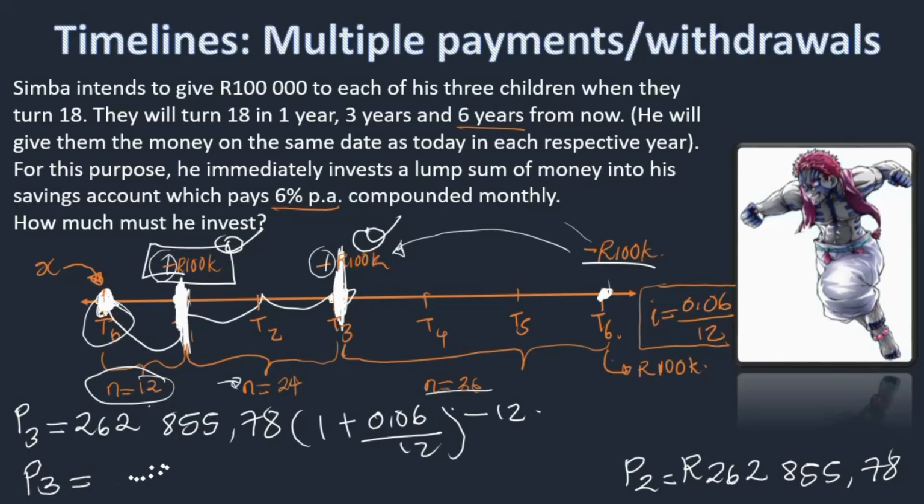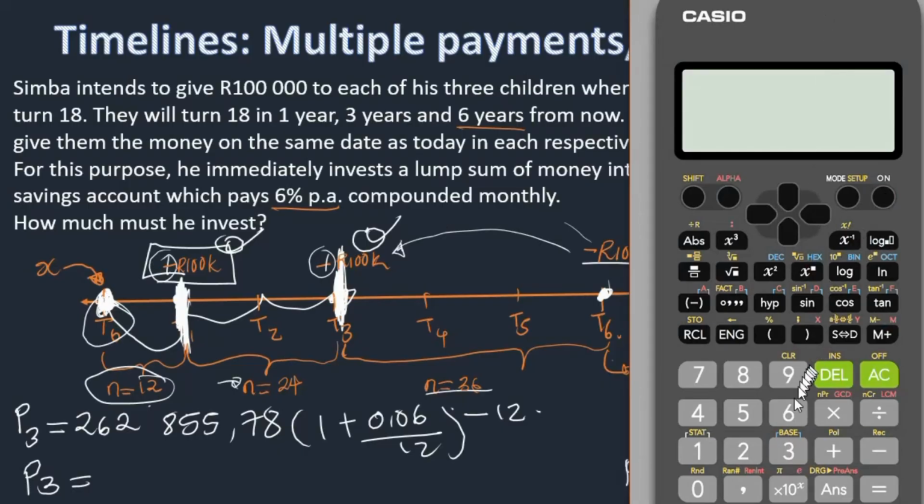So here I have 262,855.78 with an open bracket of 1 plus 0.06 over 12, close bracket, raised to negative 12, because our n is 12. How much are we getting? We are getting a principal amount of 247,585.26.